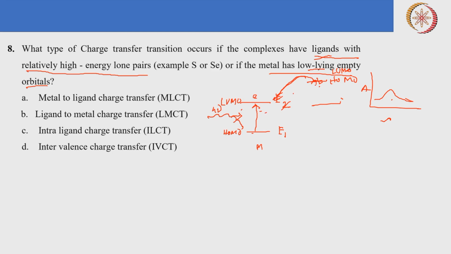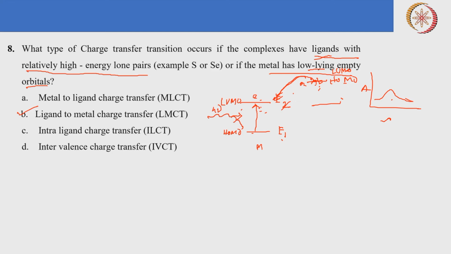So this absorbance spectra corresponds to a charge transfer, as the electron or charge is transferring from the ligand HOMO to the LUMO of the metal, so it is ligand to metal charge transfer. As mentioned in the question, the ligand has a relatively high energy lone pair.